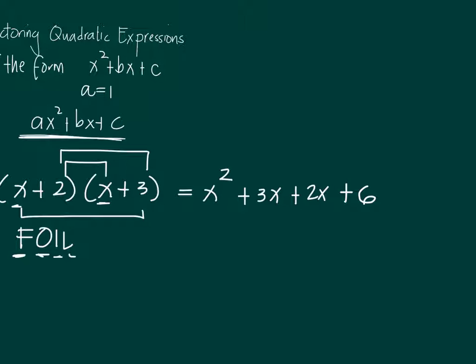Okay. And then we have to add expressions that are similar, or terms that are similar. So that means x squared, 3x and 2x can be combined into 5x, and then plus 6. So that's how we expand an expression when we have two binomials being multiplied.